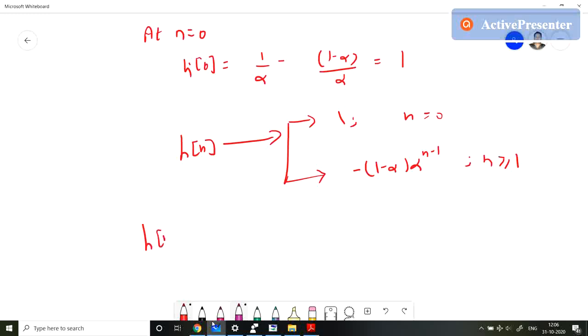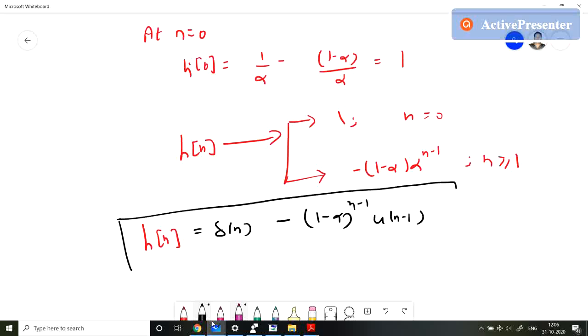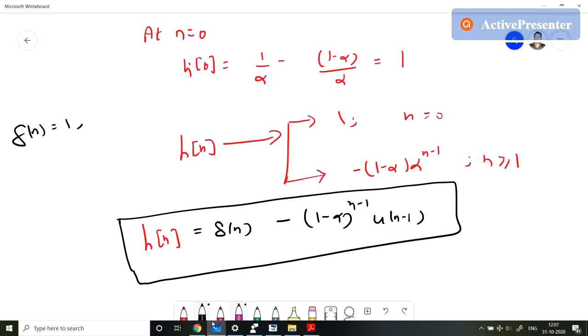So h[n] is equal to delta[n] minus (1 minus alpha)^(n minus 1) u[n minus 1]. This is the simplest solution of h[n], because h[n] is equal to 1 for n equal to 0. That means it is a delta function, because the definition of delta[n] is 1 for n equal to 0 and 0 for n not equal to 0.